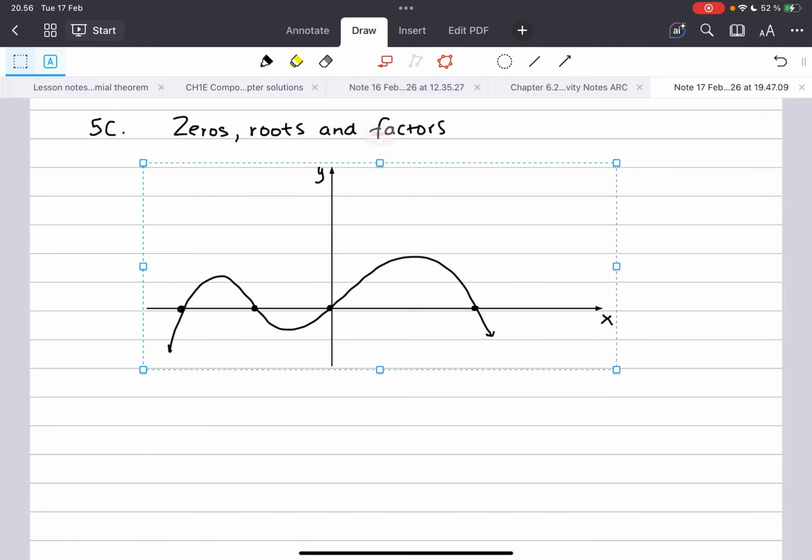Maybe you graph your polynomial and you have those x-intercepts.